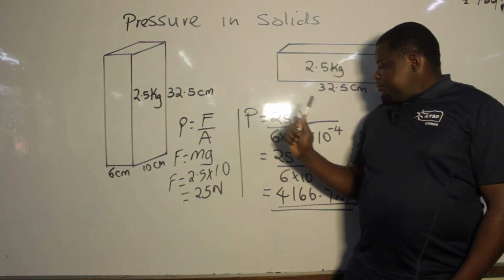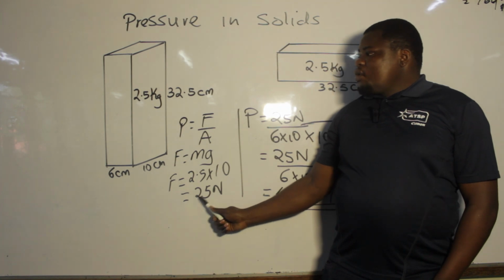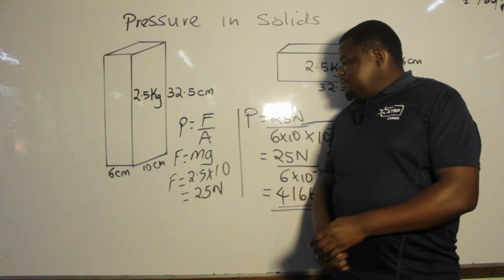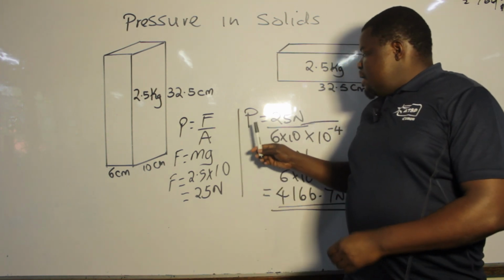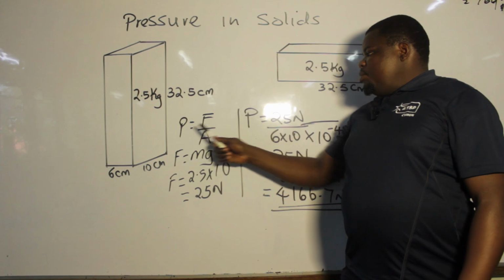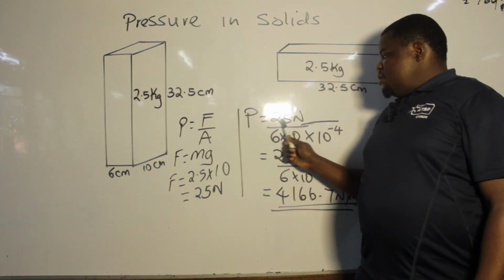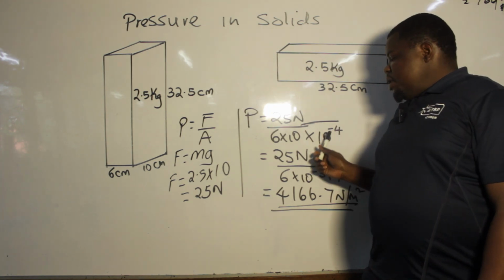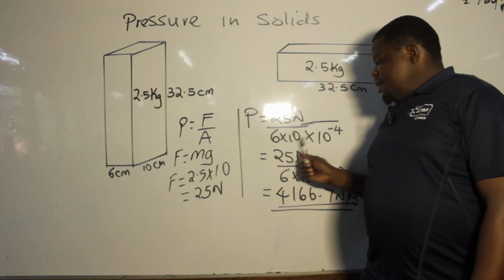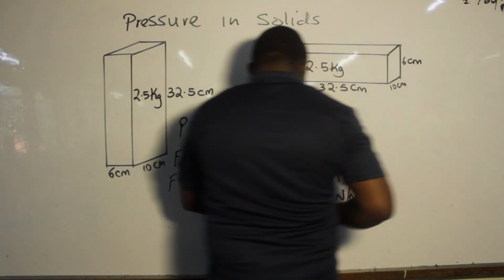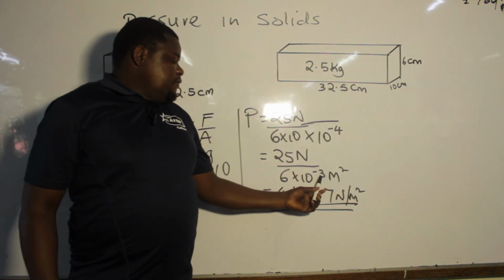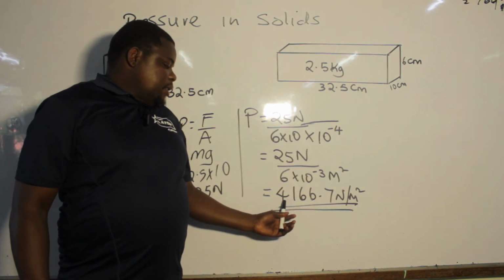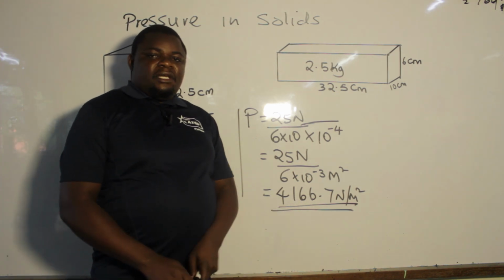After getting the force, which is 25 newtons, from converting 2.5 kilograms, we now substitute, and since pressure is force over area, pressure is 25 newtons over 6 times 10 to the power negative 3 meters squared, because dividing the area by 10,000 is the same as multiplying by 10 to the power negative 4. Therefore, when we divide, we get 4,166.7 pascals.